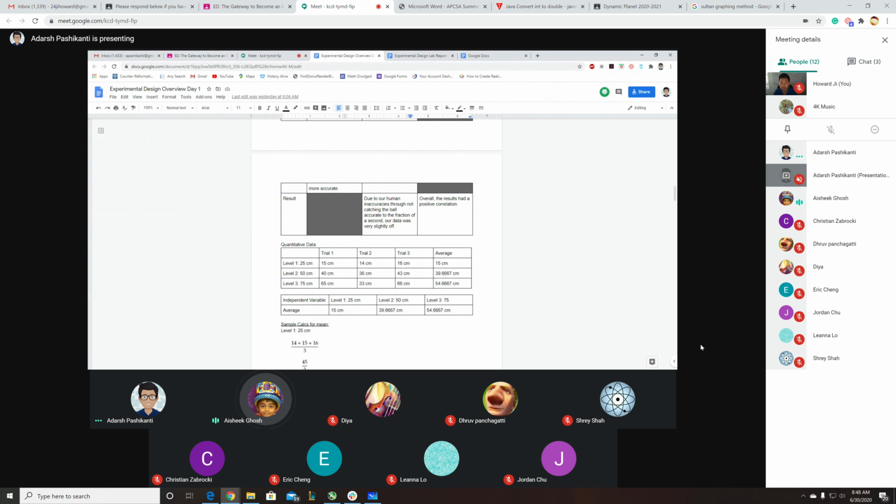And in the second level it's 46, 30, 40, 36 and 43, which yields an average of 39.6 repeating. But then you go to the third IV level, 75 centimeters, and trial 1 is 65, but trial 2 is 33. That's very high. It's a pretty big difference.